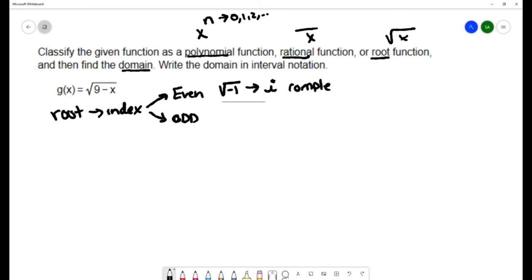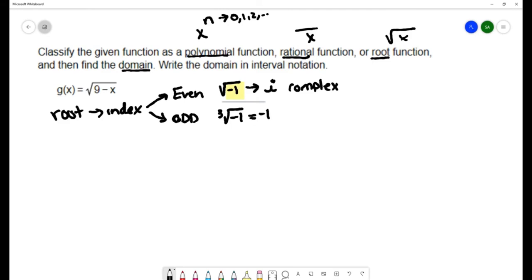So we don't want to include numbers like that in our domain. However, the odd root of a negative is a real number, and we do want to include those numbers in the domain.